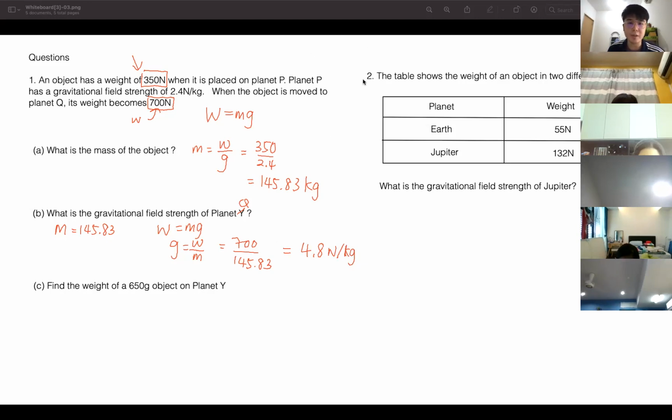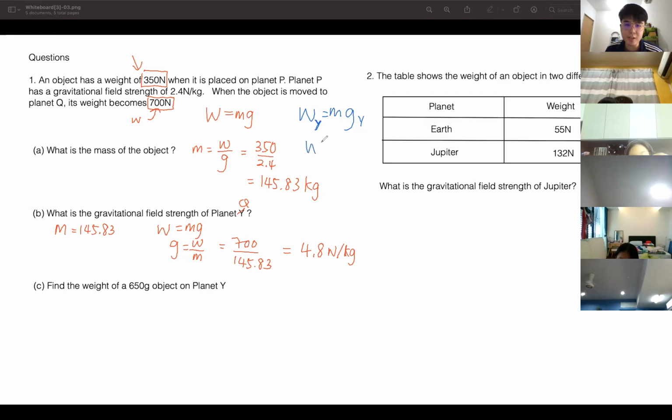Okay, one thing to remind you again. W equals mg, right? If you are finding the g of planet Q, then you must take the weight at Q to calculate this. The m doesn't matter because the m is always the same.